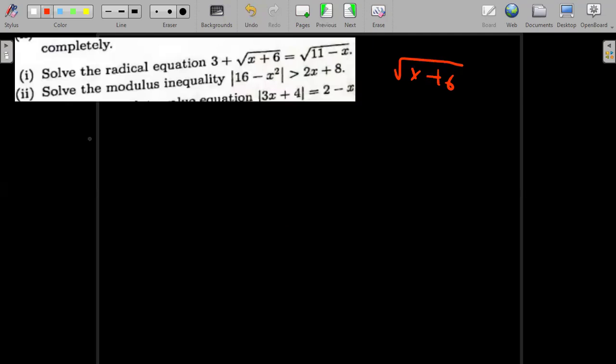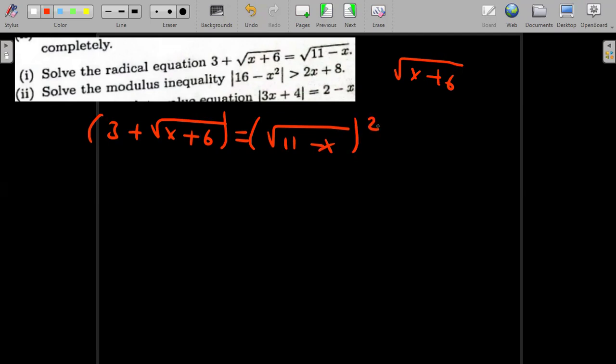Now to solve this, we have 3 plus root of x plus 6 is equal to root of 11 minus x. In order to solve this radical equation, you must square both sides. Square this side, and that side you raise to the power 2.